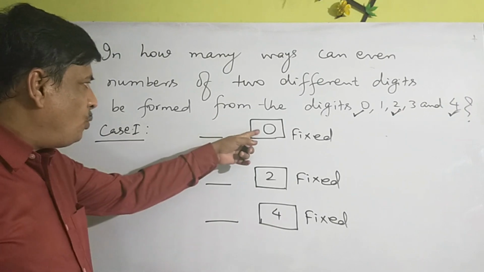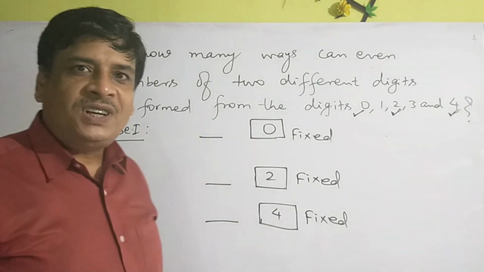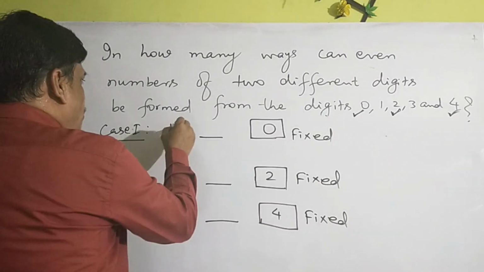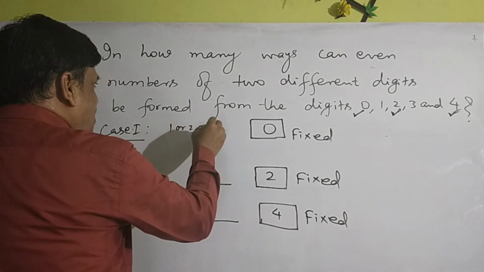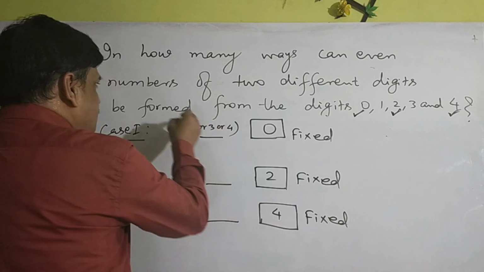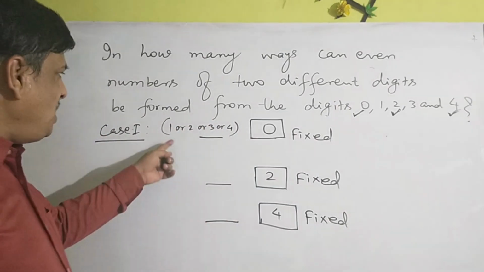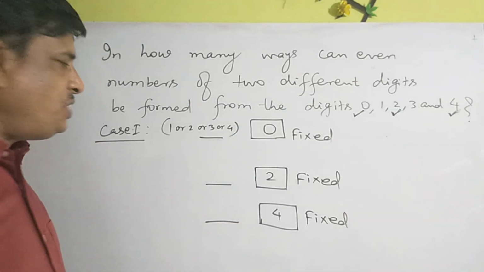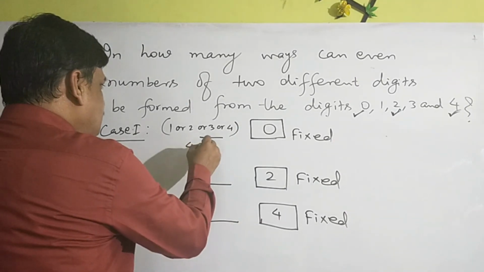In the first case, when 0 is taken at the unit place, the tens place can be filled by 1 or 2 or 3 or 4. So how many options do we have for the tens place while taking 0 at the unit place? 4 ways.